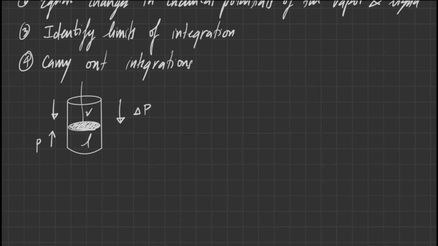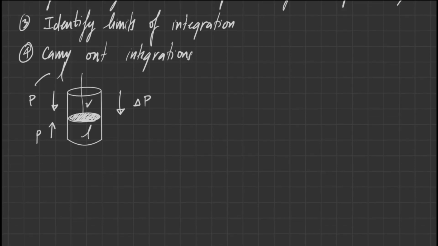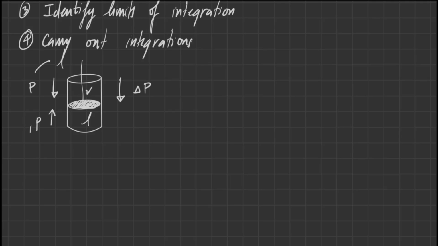And then there's also pressure from the atmosphere or otherwise by the piston, which is applied onto the liquid. So this is the pressure that the liquid experiences, and this is the pressure from those gaseous molecules which escape the liquid.